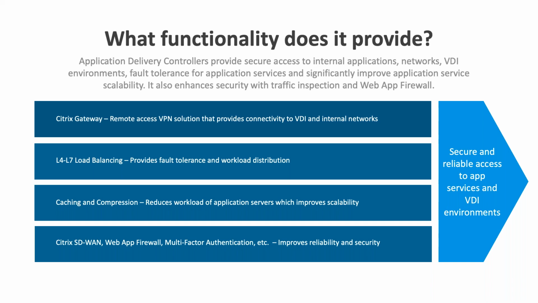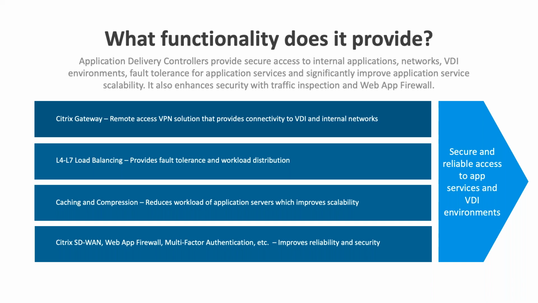It also enhances security with traffic inspection and web app firewall. At the end, we're trying to secure and create reliable access to app services and VDI environments. What are some of the features within the application delivery controller, Sean, that can help us get there?